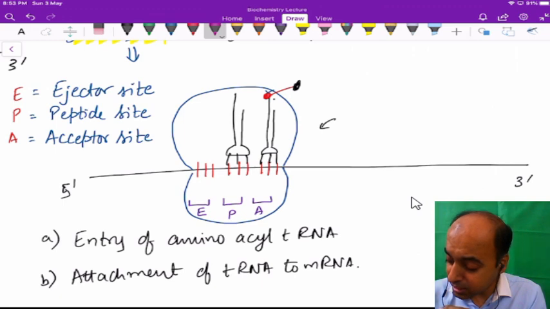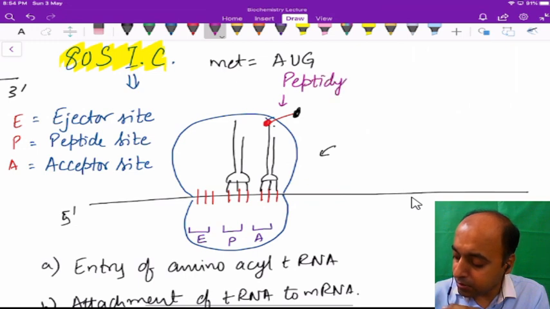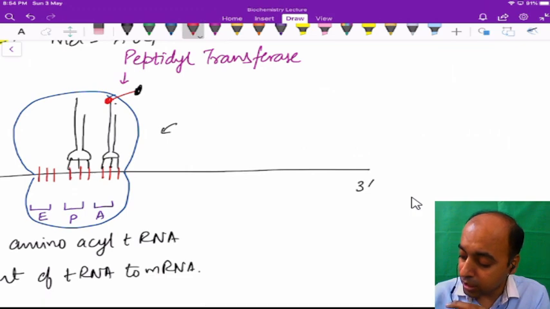This reaction is facilitated by the enzyme peptidyl transferase. If you recall, the peptidyl transferase, in eukaryotes it will be the 28S ribosomal RNA.